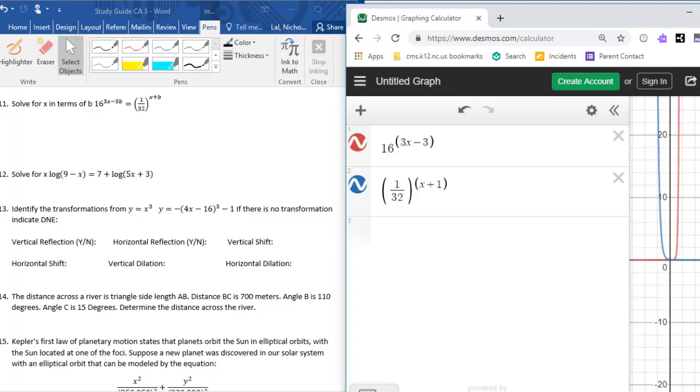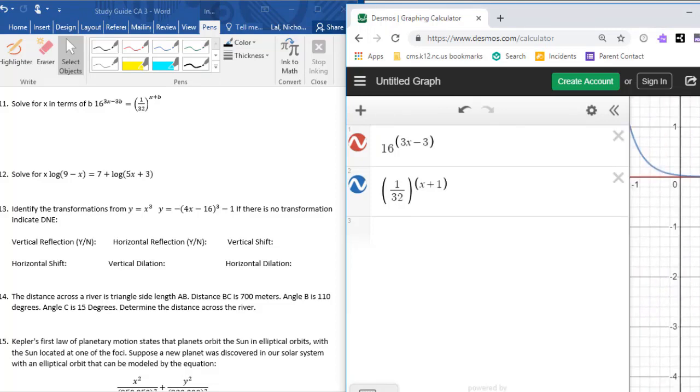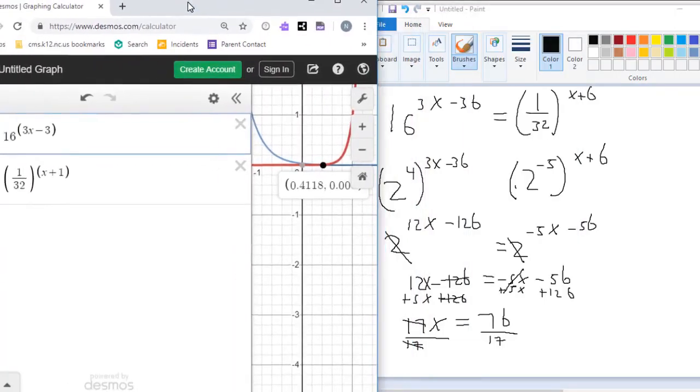So now I'm looking for the intersection. And where do they intersect? At 0.4118.